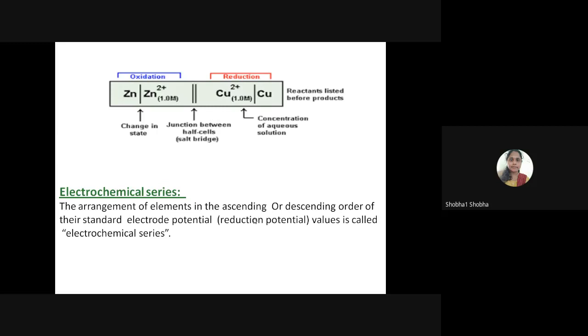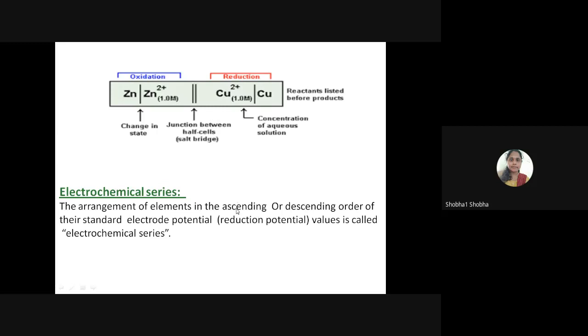So if we arrange them in an order, some elements are not showing that significant an electrode potential, so we will ignore them. So the major important elements have been placed and arranged in a table in increasing order. Increasing and decreasing, actually, I have written because of your textbooks.